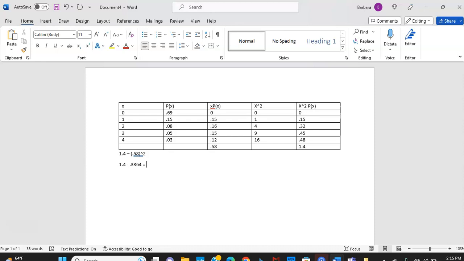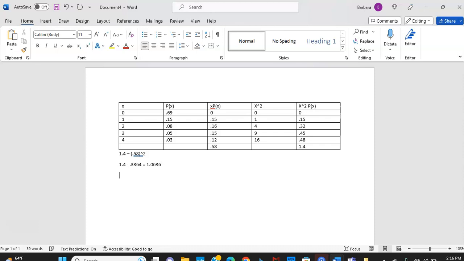And let's do that subtraction. So 1.4 minus 0.3364, that is 1.0636. Now, this answer that we just got is the variance.